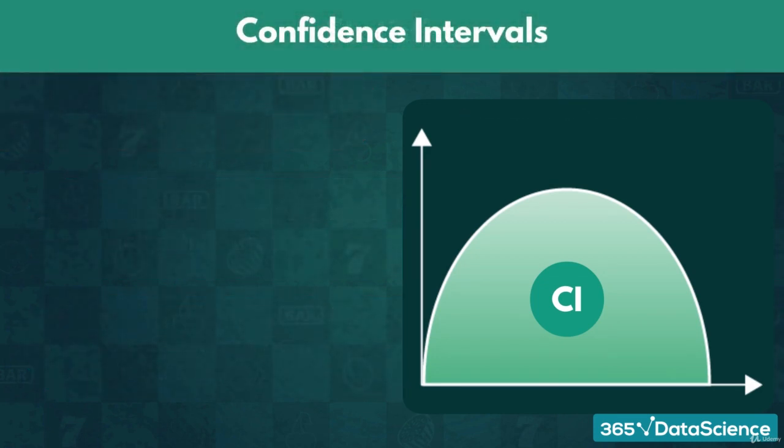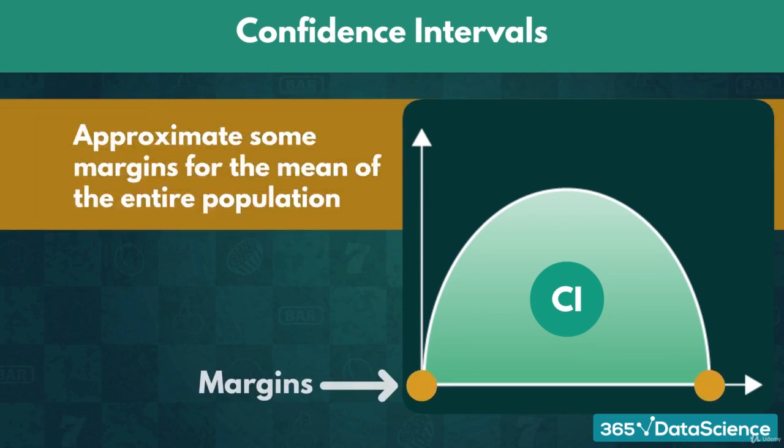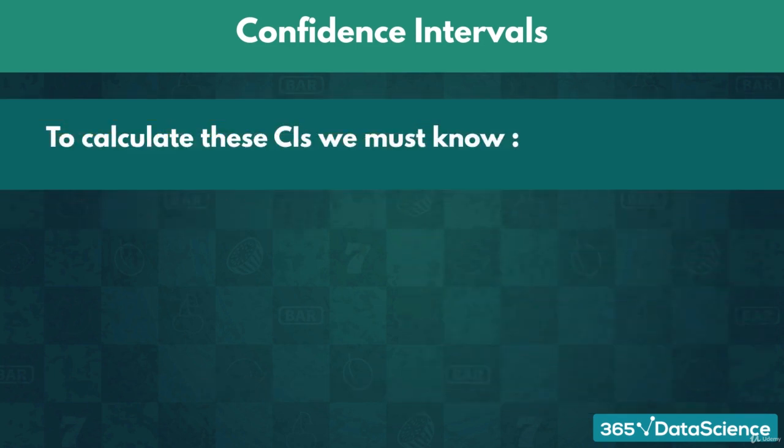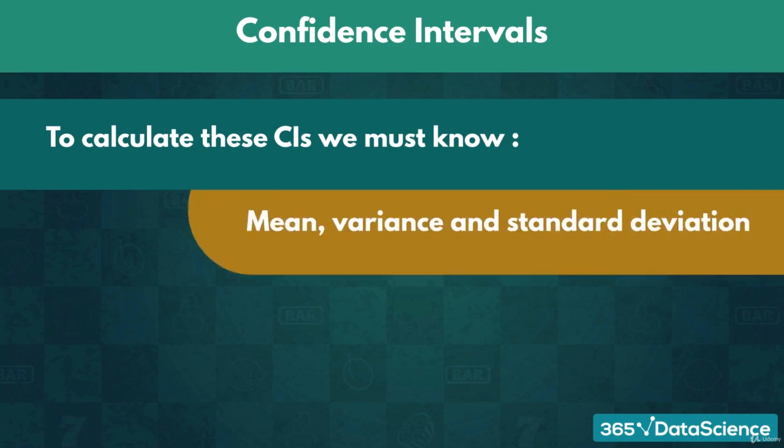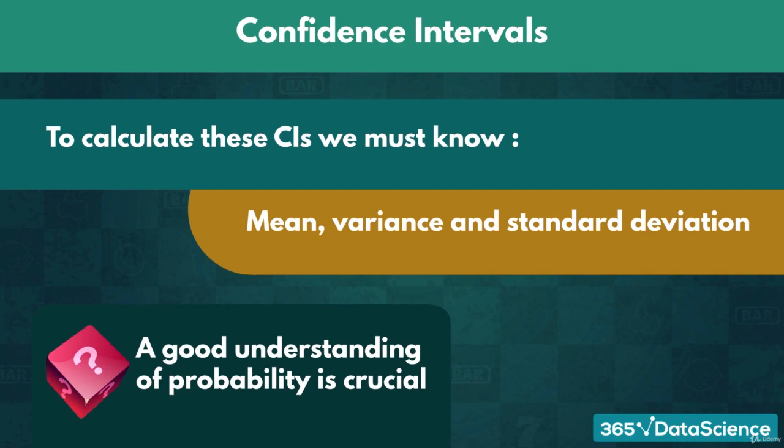A more hand-wavy explanation of confidence intervals is that they simply approximate some margins for the mean of the entire population based on a small sample. To calculate these confidence intervals, we must know what mean, variance, and standard deviation are. Thus, having a good understanding of probability is crucial. If you follow through with our program, you will learn much more about them. But let's get the gist of that real quick.